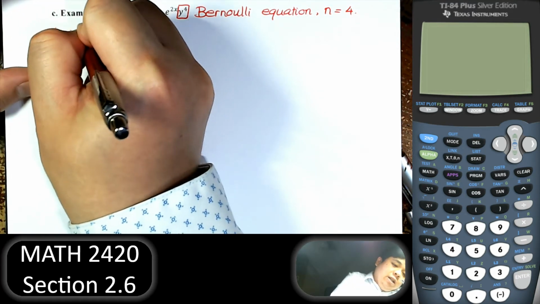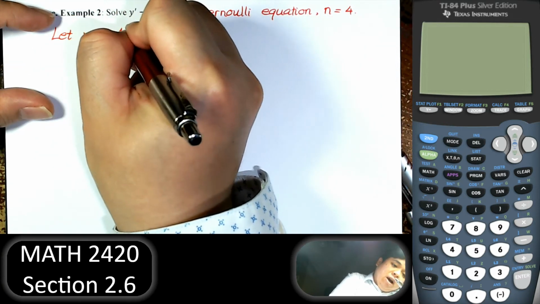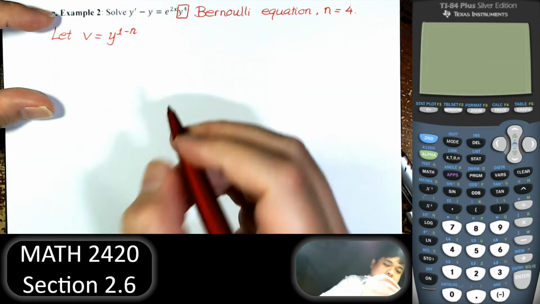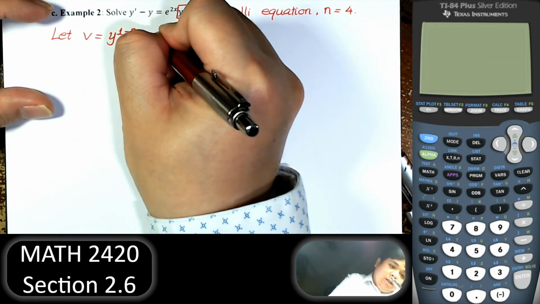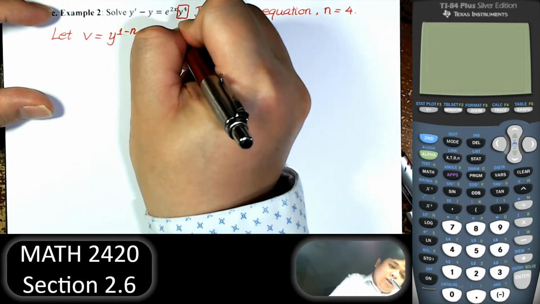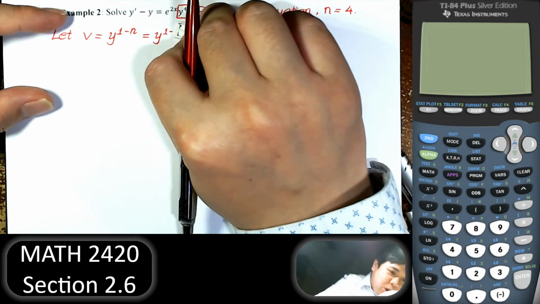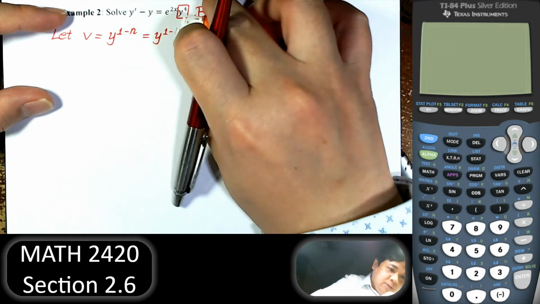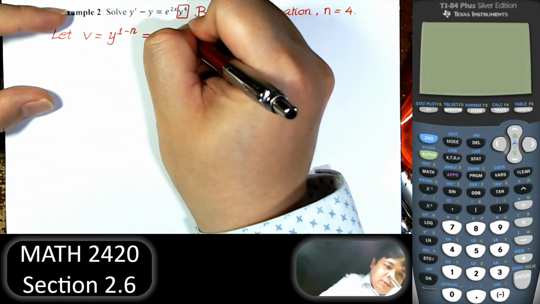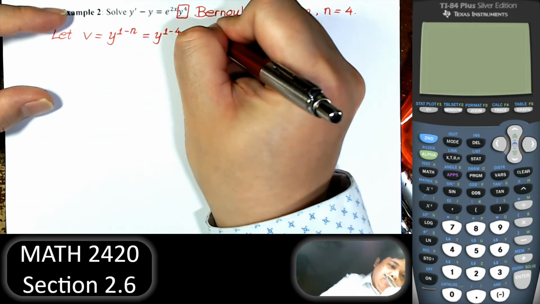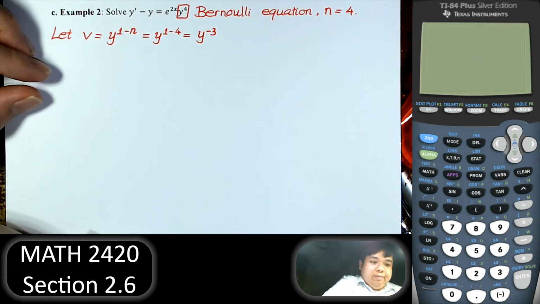Let v equal to y to the 1 minus n. In this case, 1 minus n is 1 minus 4, so v is y to the negative 3.